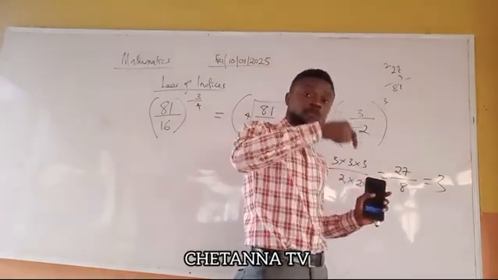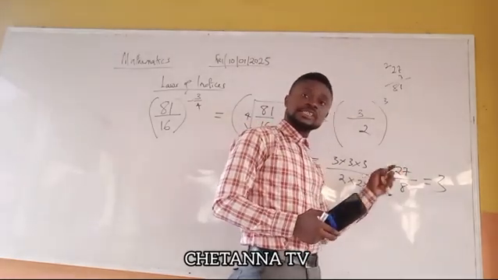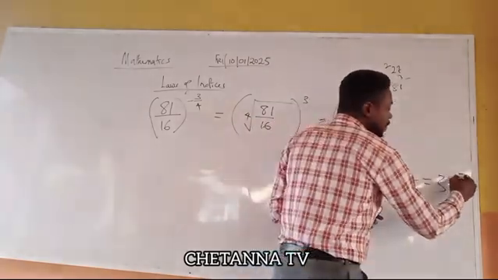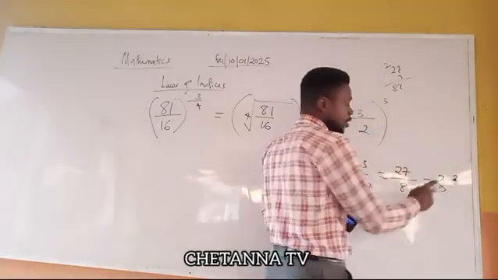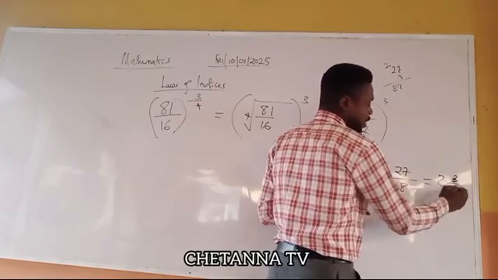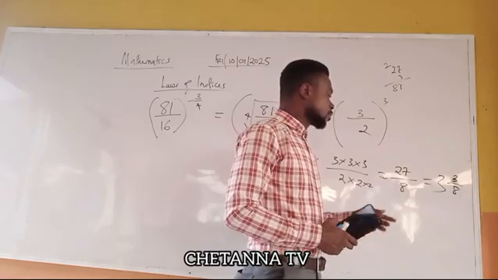So what will be the remainder? You subtract that 24 from 27. 3, right? So that 3 we place in the numerator here. It becomes 3 over 8.